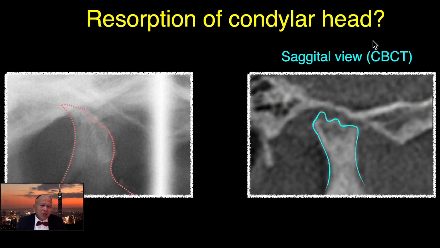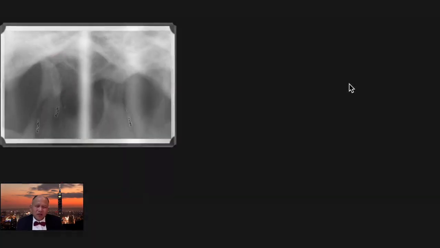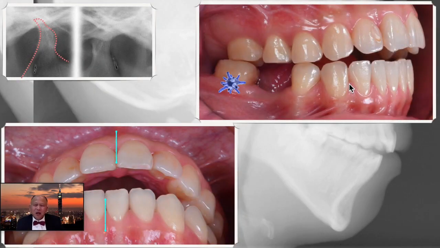Obviously, you don't want to put extra force on the condyle head. If you wear the aligner and ask the patient to chew, you increase the pressure on this condyle head, which you don't want. You don't want to put extra stress on the condyle head.